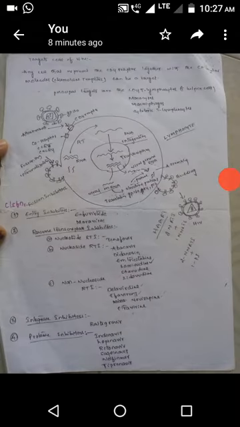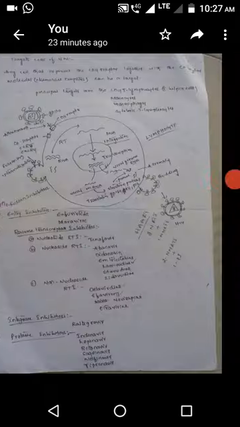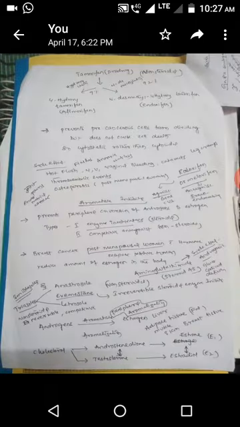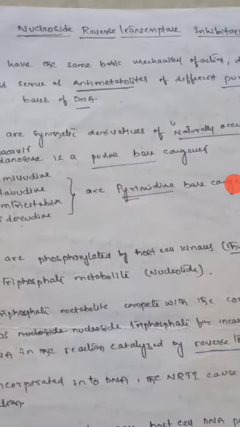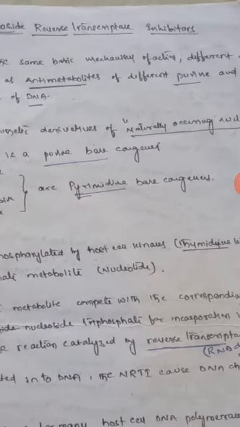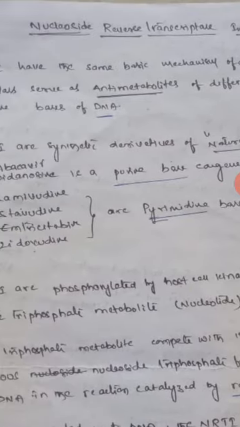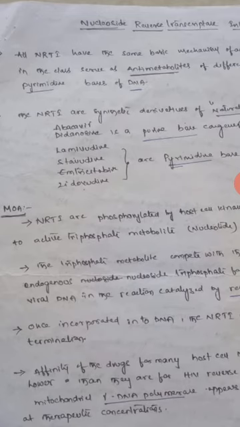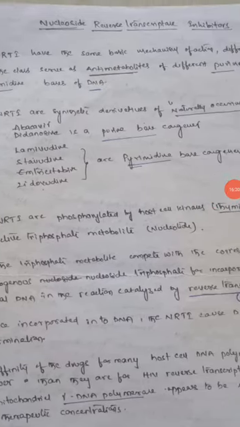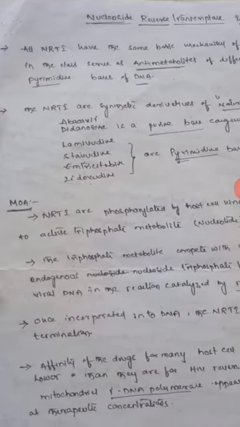Okay, so now we are going to talk about individual anti-HIV drugs. So, reverse transcriptase enzyme inhibitors: nucleoside reverse transcriptase enzyme inhibitors. All nucleoside reverse transcriptase inhibitors have the same mechanism of action.